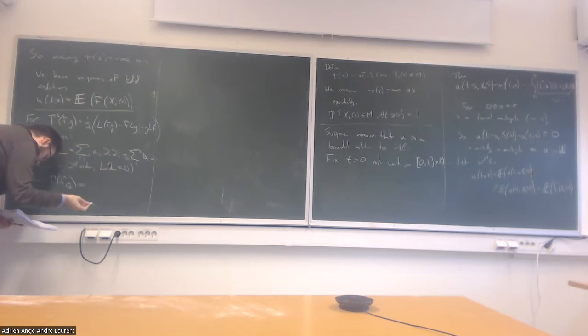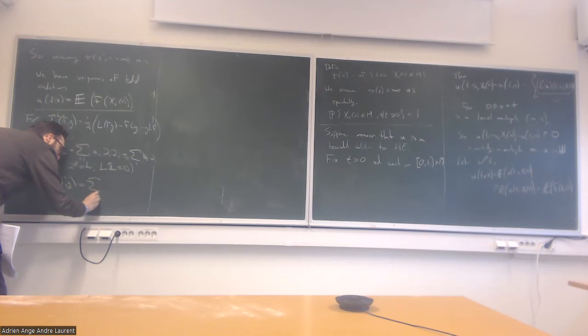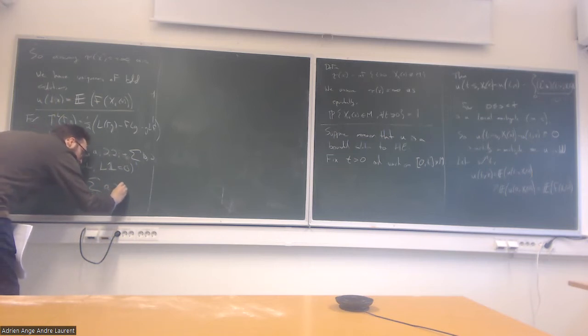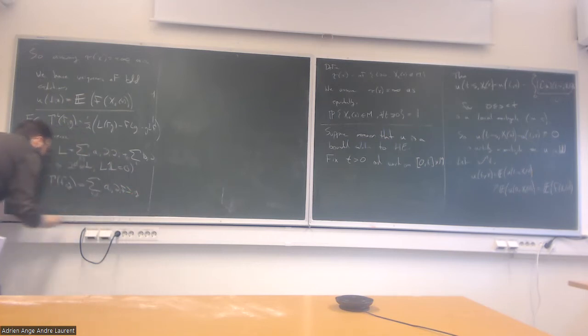That is, I don't think I need the 1/2 now, but it's again the sum over i, j of a_ij d_i f d_j g. And I should say all of this is in local coordinates.